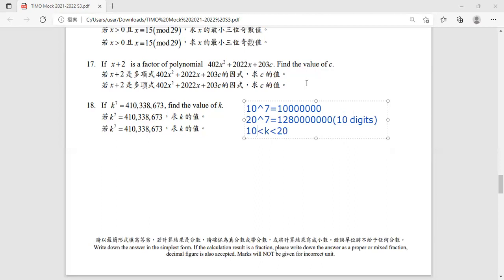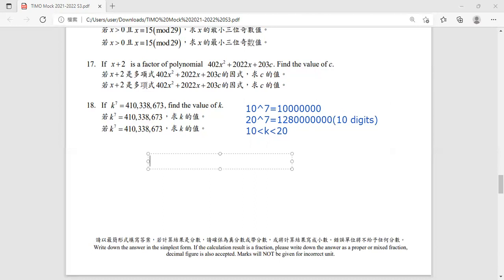Now I check the numbers. You can check the unit digit for each one.